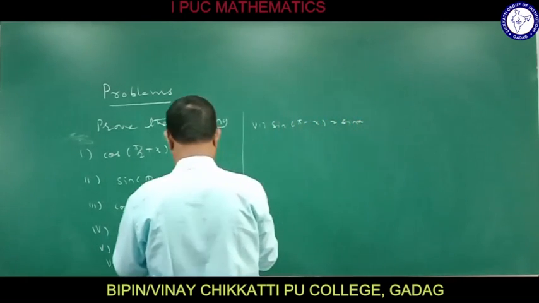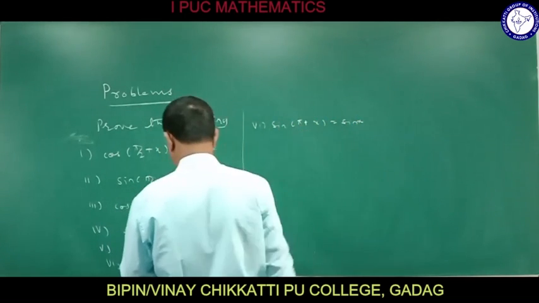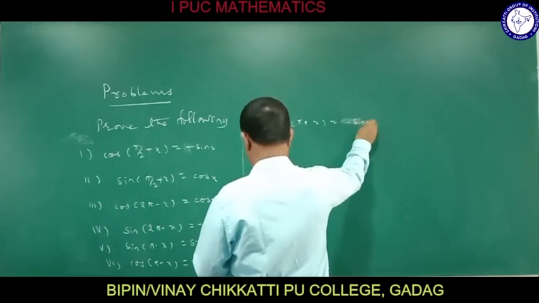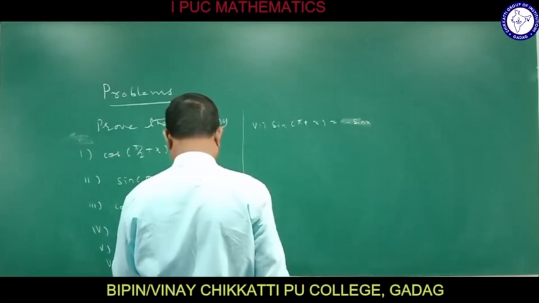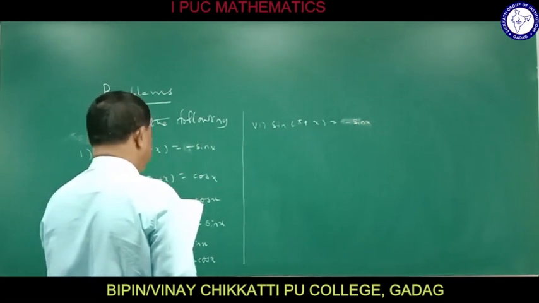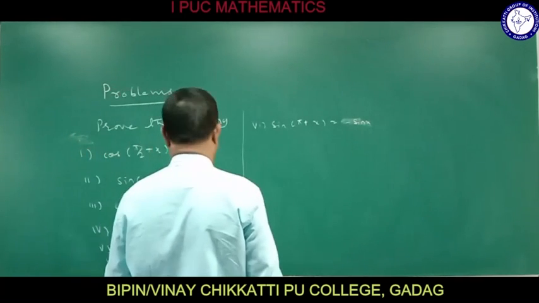Sin of pi minus x is already there, so pi plus x, you see, sin of pi plus x is minus sin x. And we have to see pi minus x, pi plus x.